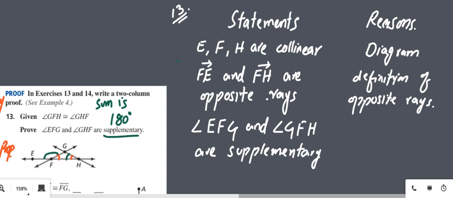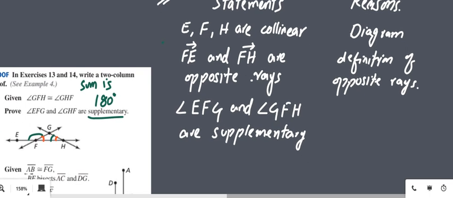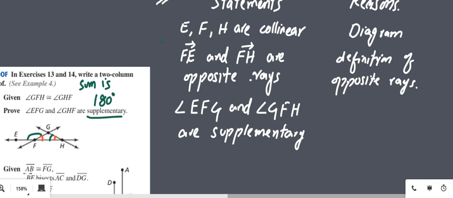How can I say that they are supplementary? Because they are on the same point and they are constructed by the opposite rays, and this is basically a linear pair postulate.